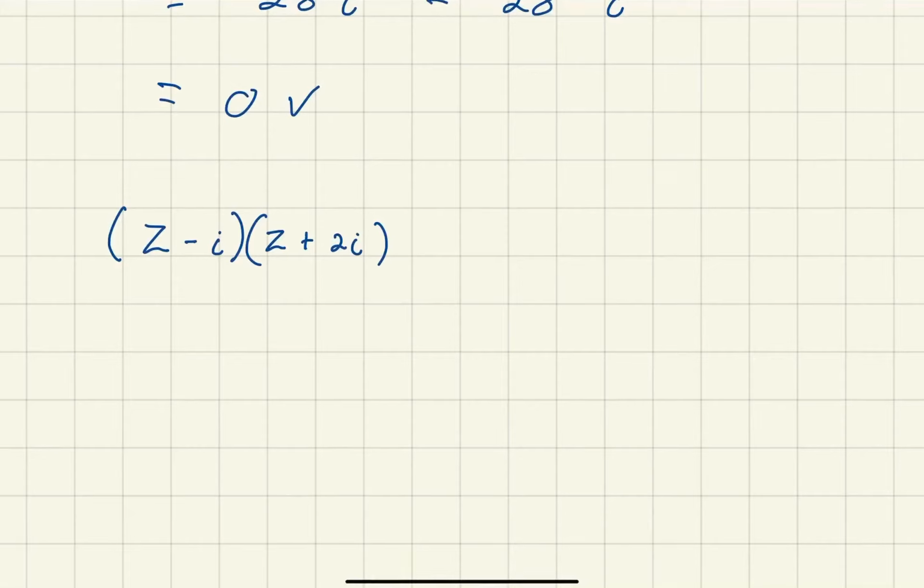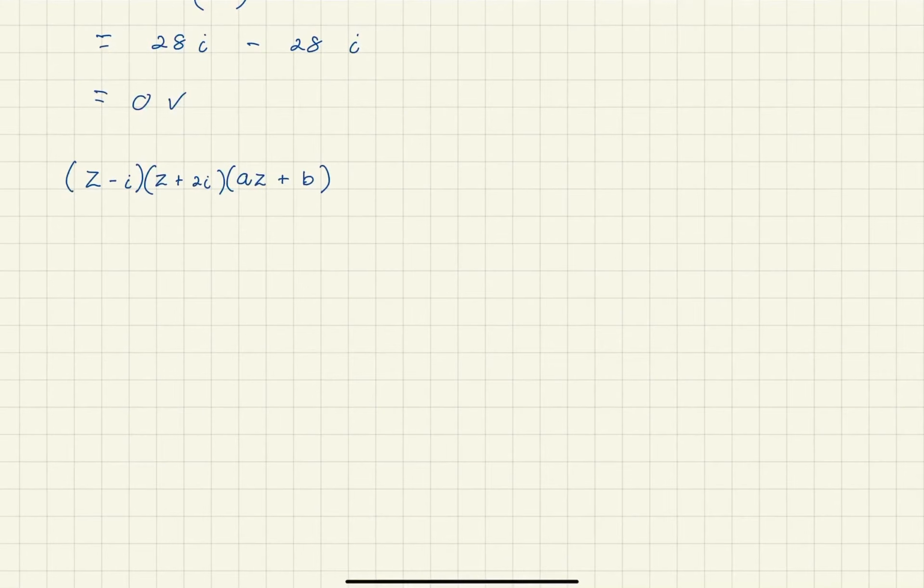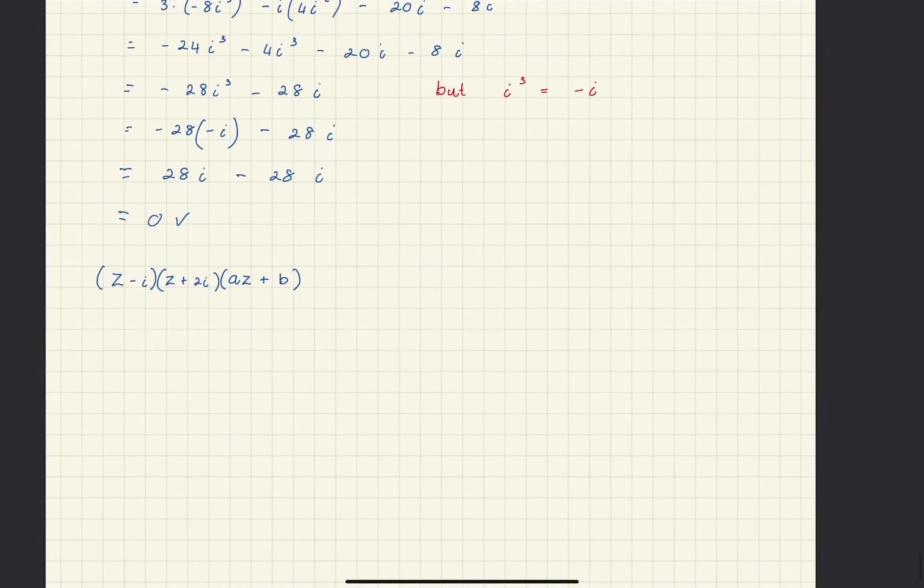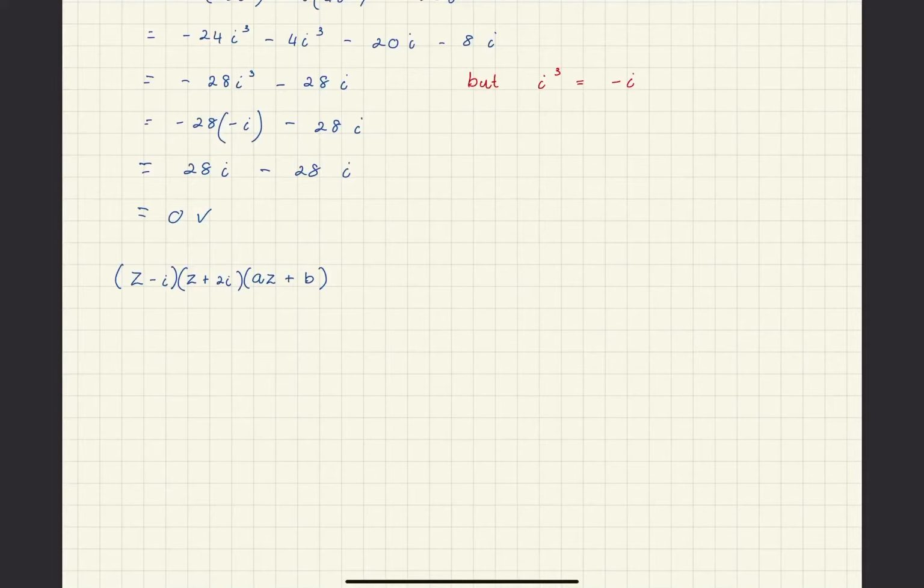So when we multiply this by a third factor, remember complex numbers come in the form az plus b. Here we've got a z and a coefficient there, and a z and a coefficient there as well. So we've got the same thing here, this az plus b form of that factor. There is only one other factor that will make up this polynomial, because it's to the order of 3.